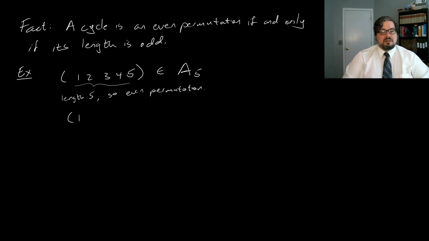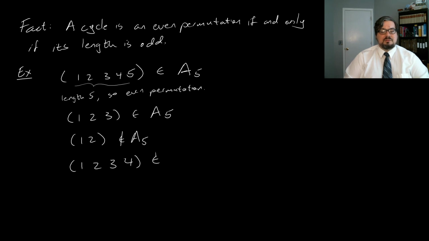And similarly, the cycle (1 2 3) belongs to A5, but the transposition (1 2) does not belong to A5, and the cycle (1 2 3 4) does not belong to A5.